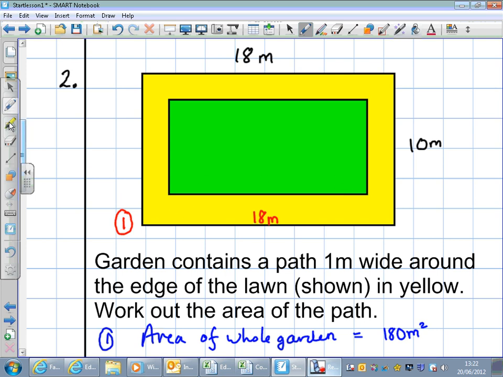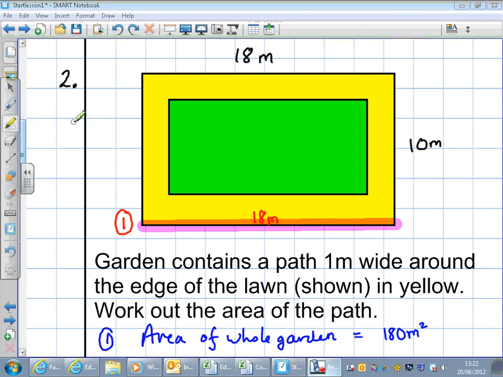Now, I want to calculate the area of the lawn. Now, this length here is 18. But what's the area here? I beg your pardon, what's the length here? That's a poor choice of colours. Let's try that with a different colour. What's the length of the lawn?